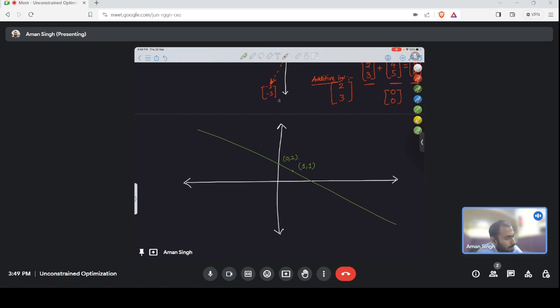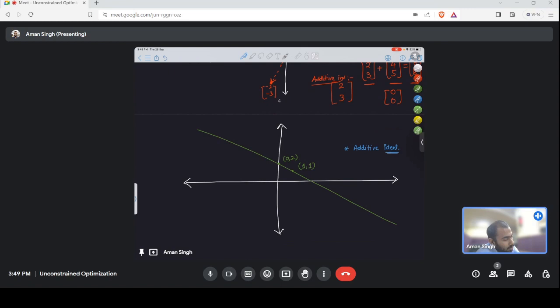The answer is no, it's not. Why is that? One very obvious thing is there is no additive identity. 0 does not belong to this line. So there is no vector to which if you add, it will give you back the same vector.